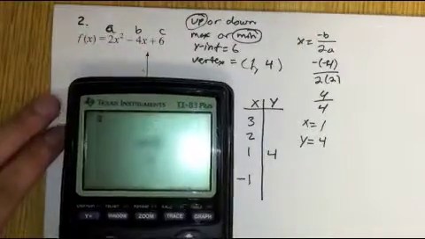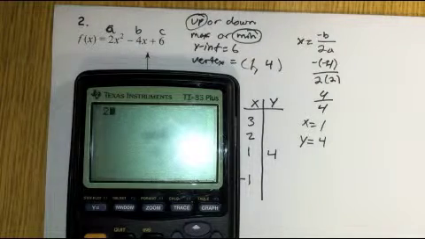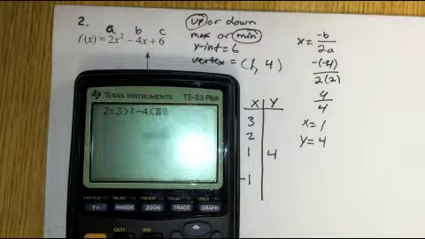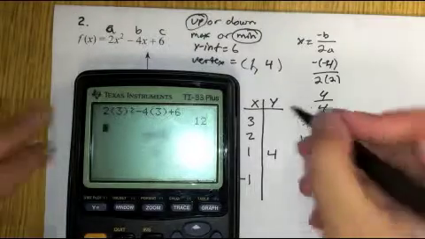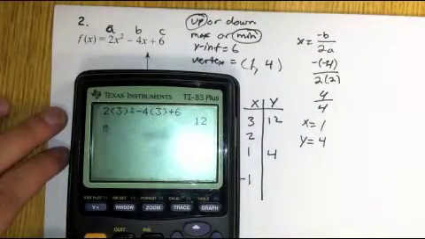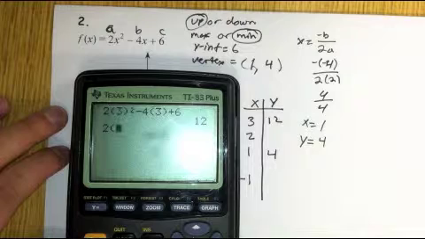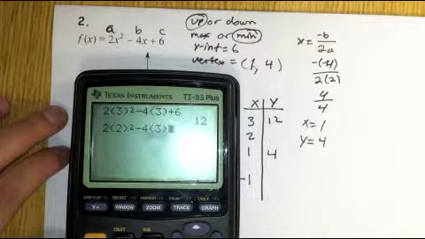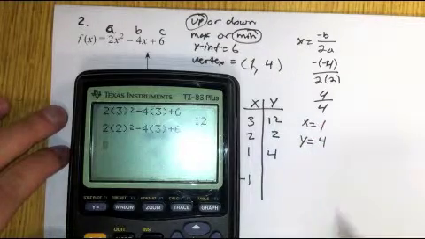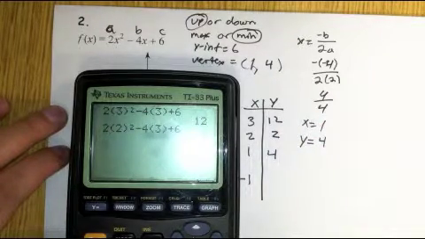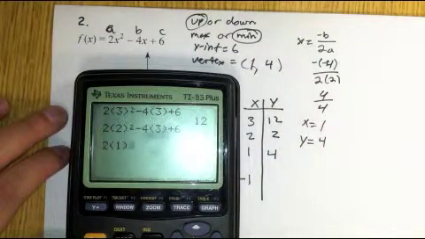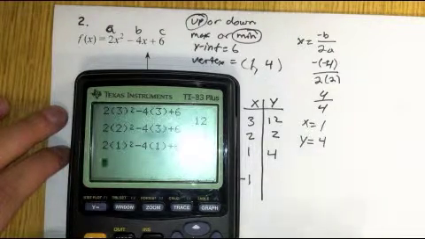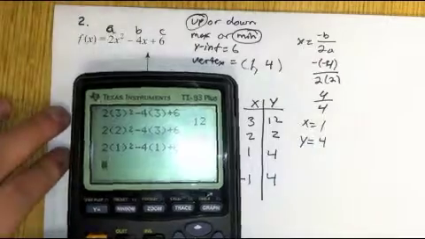Okay, let's use our calculator to help us out. 2 times 3 squared minus 4 times 3 plus 6. I got 12. 2 open parentheses, 2 squared minus 4 times 3 plus 6. I get 2. And lastly, 2 times 1 squared minus 4 times 1 plus 6. I got 4. And we're good.